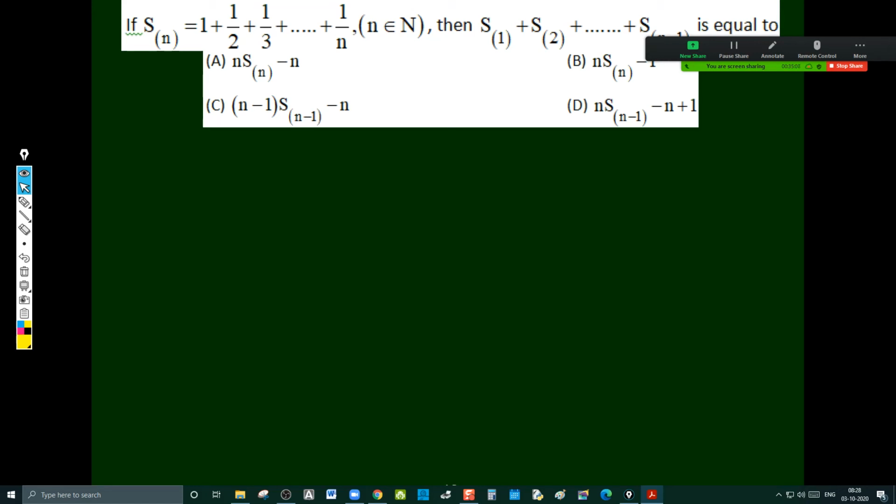S1 plus S2 plus and so on plus Sn minus 1 is nSn minus n. Option C, n minus 1 Sn minus 1 minus n. Option D, n Sn minus 1 minus n plus 1.